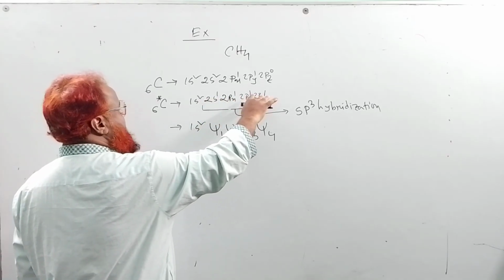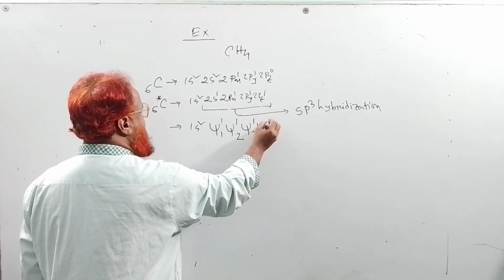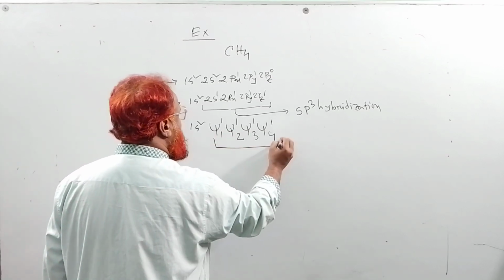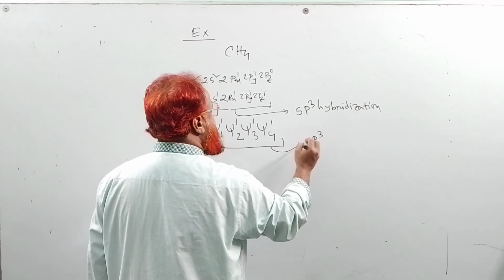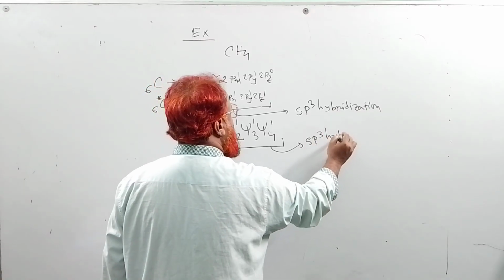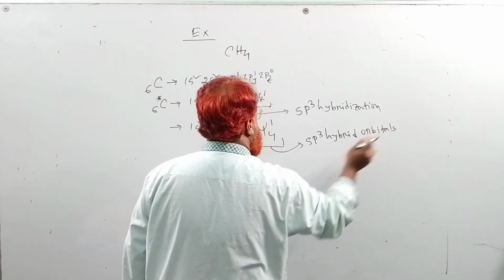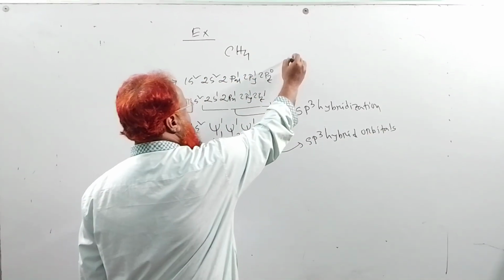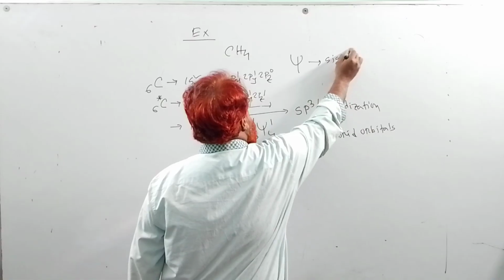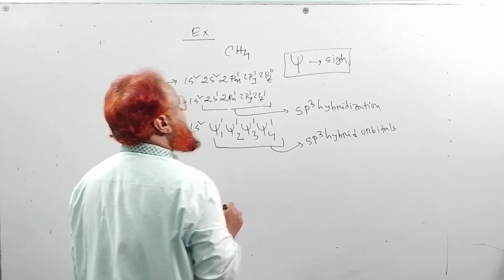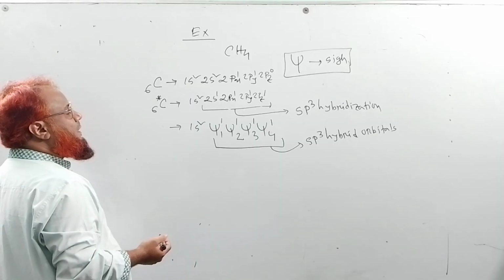These electrons will again be distributed among these hybrid orbitals. They are all known as sp3 hybrid orbitals, and the symbol psi is used to indicate the hybrid or hybridized orbitals.